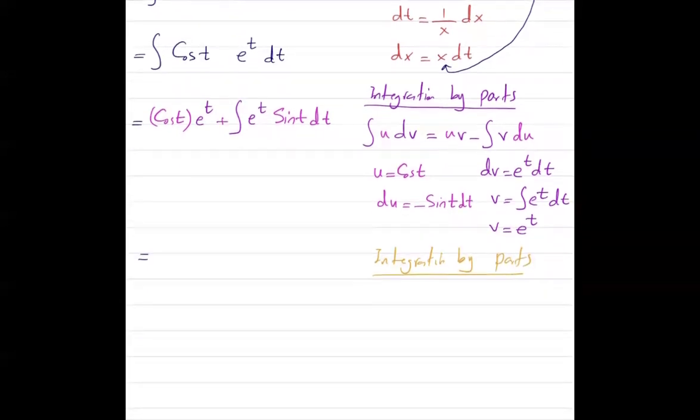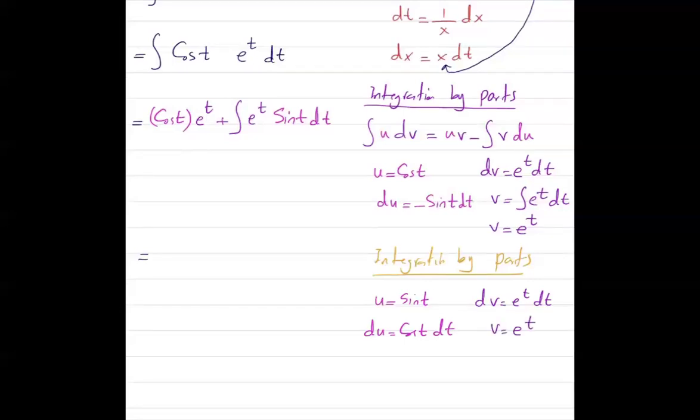Again, so take u to be sine t, and then let us take dv to be e to power t dt. So your du becomes cosine t dt, and v again is equal to e to power t.